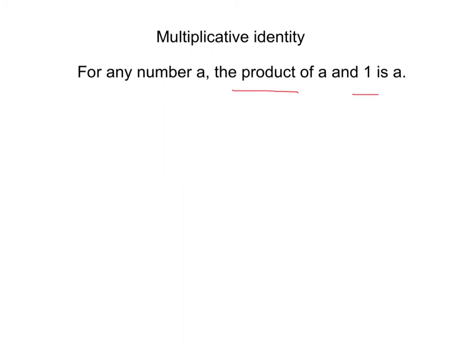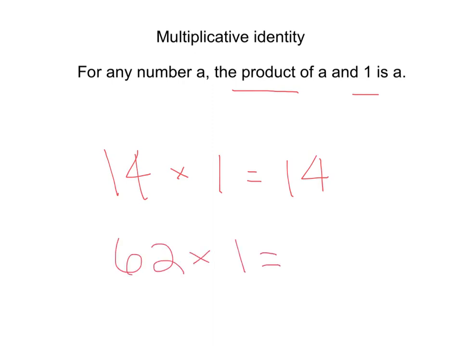We already know this, but we probably didn't know that it actually had a name. So if we look at an example, 14 times 1 is 14. 62 times 1 equals 62. We know that any number times 1 is that number.